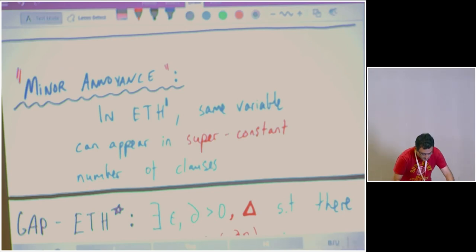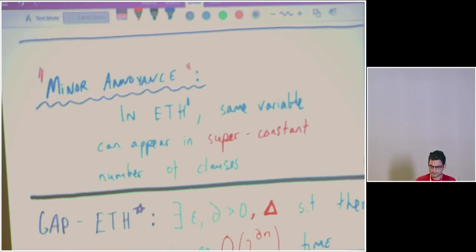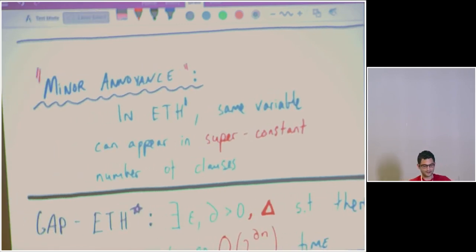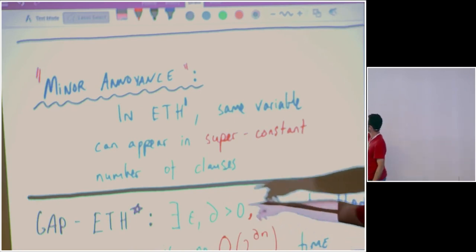Where is my pen? All right. Actually, I won't be fixing it because I can't plug the pen in without destroying the projector. Okay, so this thing here should be gap ETH.